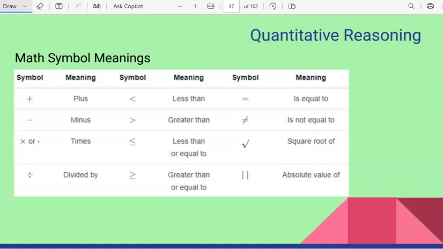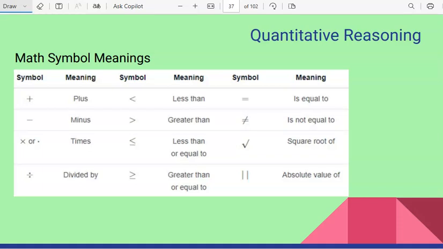For the quantitative reasoning types of questions on the TSIA math, those are questions that are mainly from the elementary level of math, and also identifying various symbols and vocabulary words. Here are some symbols that might show up. This is the plus sign, minus.